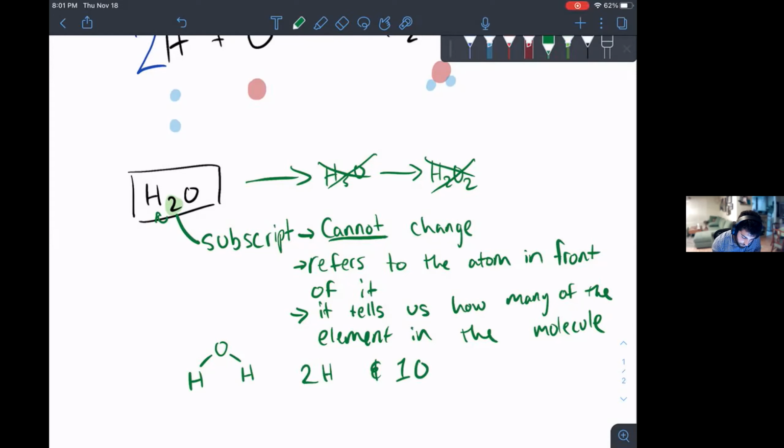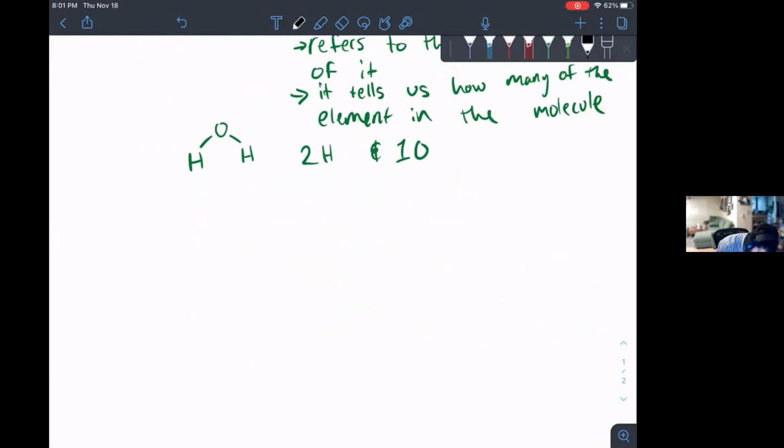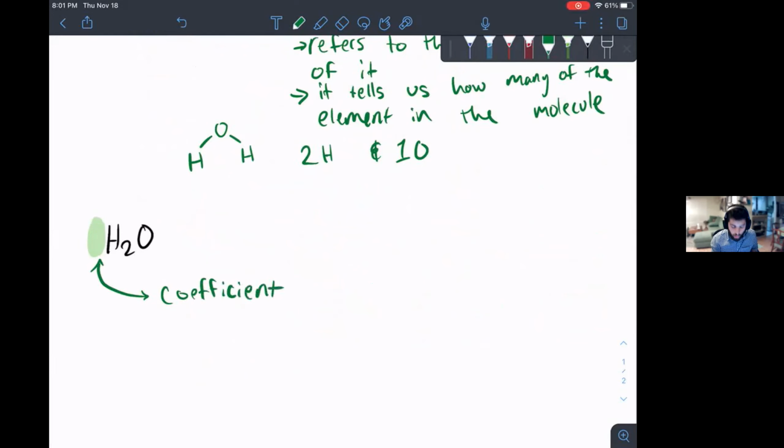All right. Now we're going to look at H2O again, and at this spot right in front. We don't really see anything written, but this spot is what we would call the coefficient, which is always 1 if not written.